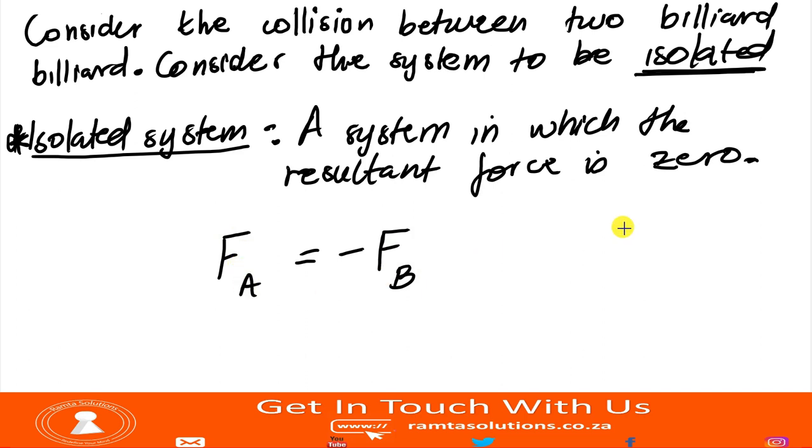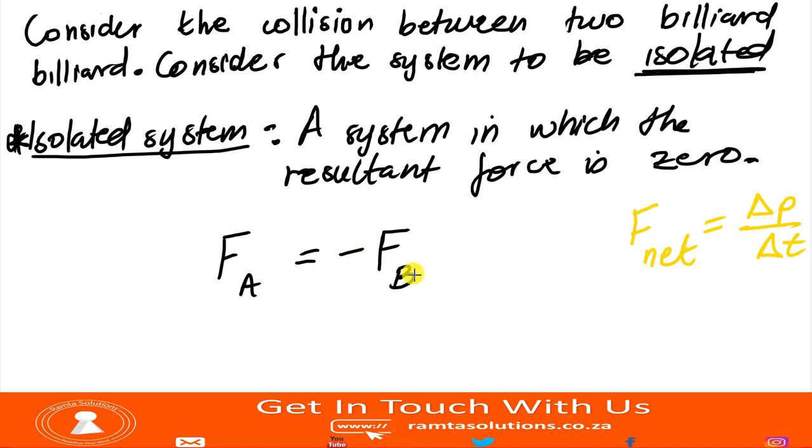So this F of A will be the force applied by object A. If you recall, we have said previously that F net is equal to delta P over delta t.